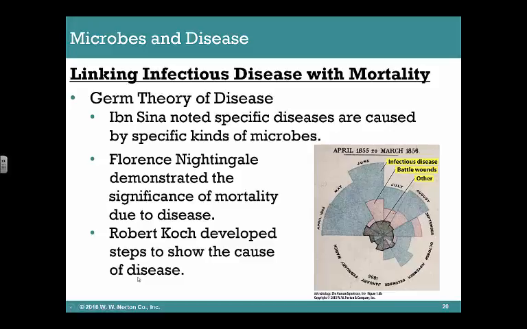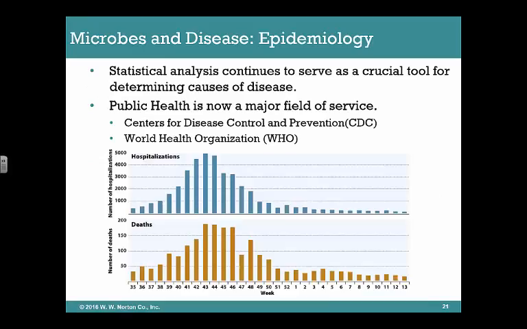And so he developed a certain sequence of steps that you could do in order to really demonstrate that link. And I'll come to that in a minute. But really these statistics that Florence Nightingale began collecting then became the foundation for what we now call epidemiology, or the study of public health.